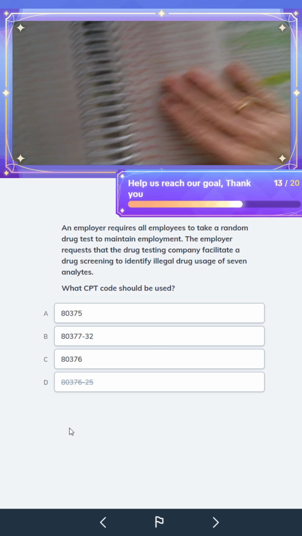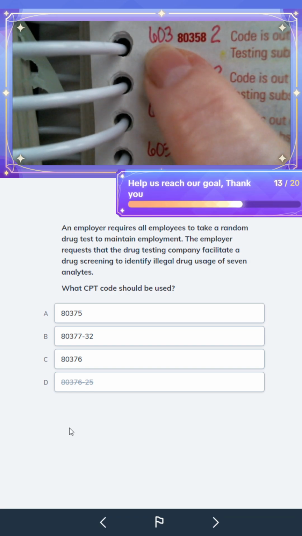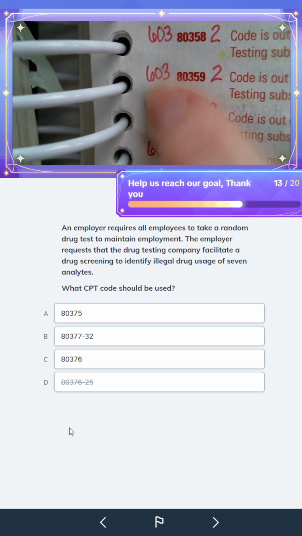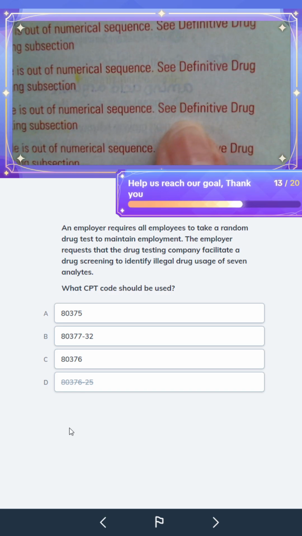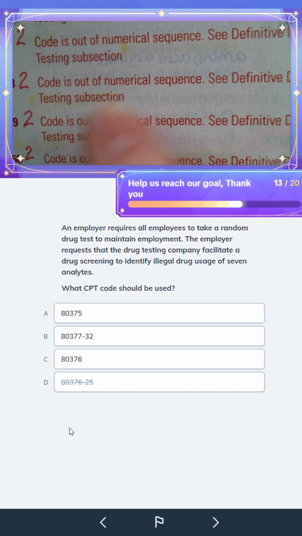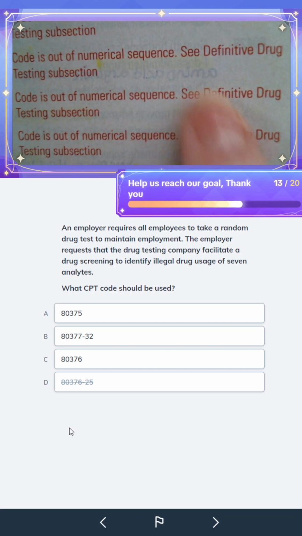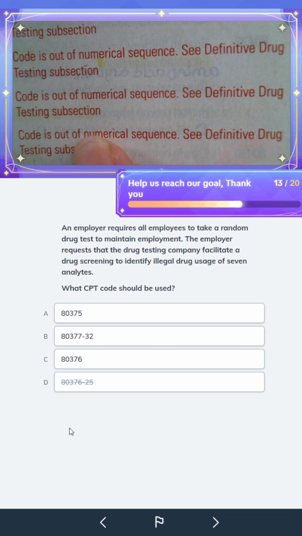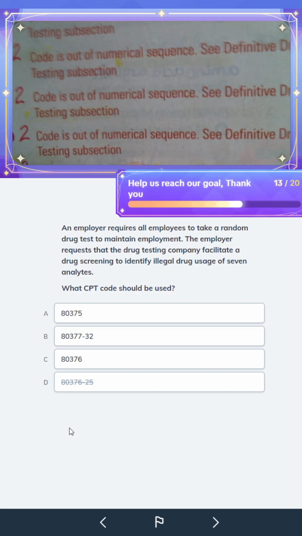They're all going to be out of sequence, and if you have not gone through your entire book and written at least the page number down where they're at, this will drive you insane, because no one knows where this dang drug testing subsection is, and it's not listed in the index to tell you what page number it's on. You just got to find it.